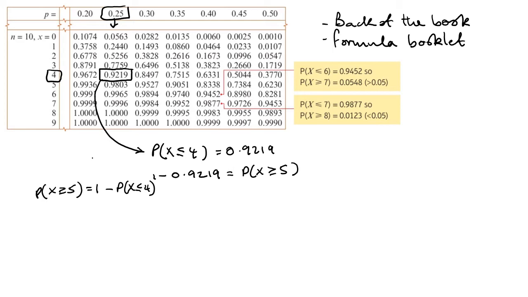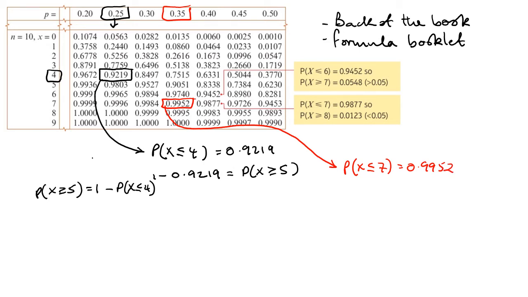If I took this value, let's go for this one here. This is for 35% probability of success. Working from the top of the table down, this means the probability that x is less than or equal to 7, and that's 0.9952.